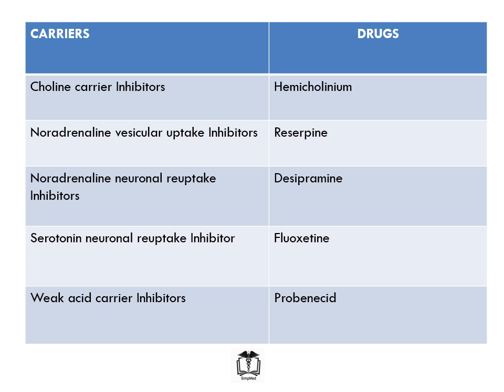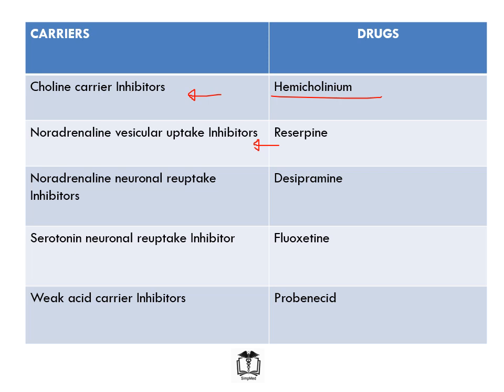For your exam, it's also important to note the other examples of drugs that act through carriers. So drugs like hemicholinium act on the choline carrier, so it's a choline carrier inhibitor. Drugs like reserpine act on noradrenaline vesicular uptake carriers, so it's a vesicular uptake inhibitor.